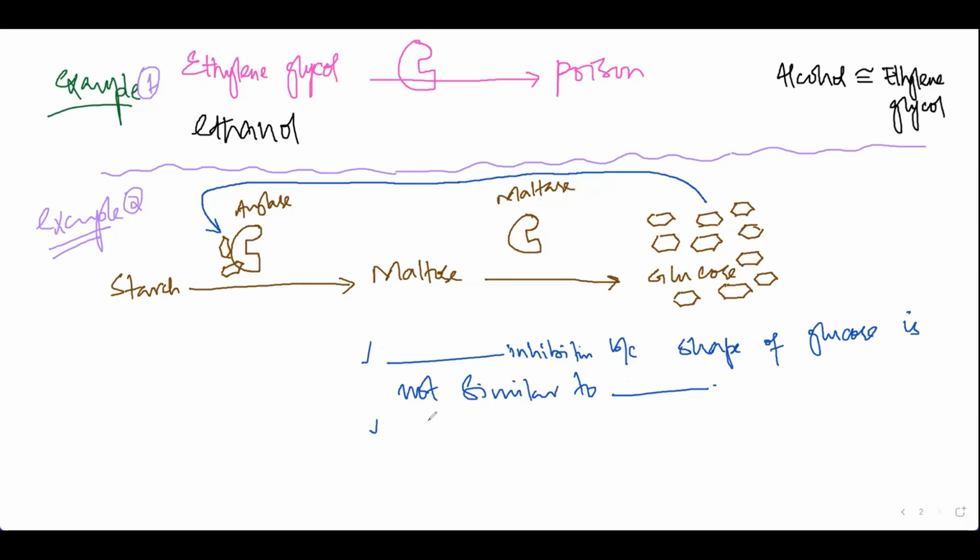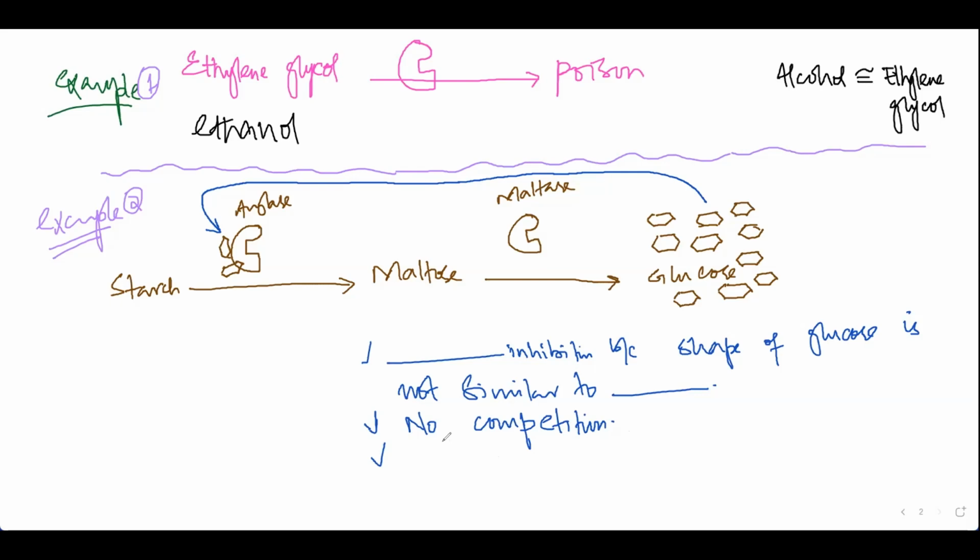And another point: there is no competition. No matter how much starch you add, the enzyme won't convert starch to maltose unless the glucose leaves it. So there's no competition. It's not that if you increase the amount of starch, the enzyme will make glucose. No, amylase will work only if glucose leaves it.